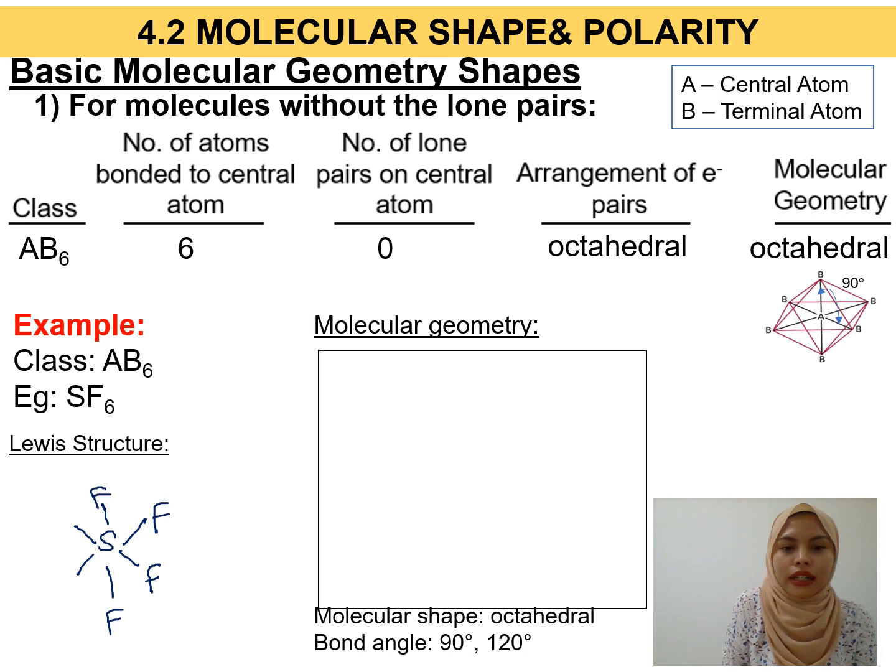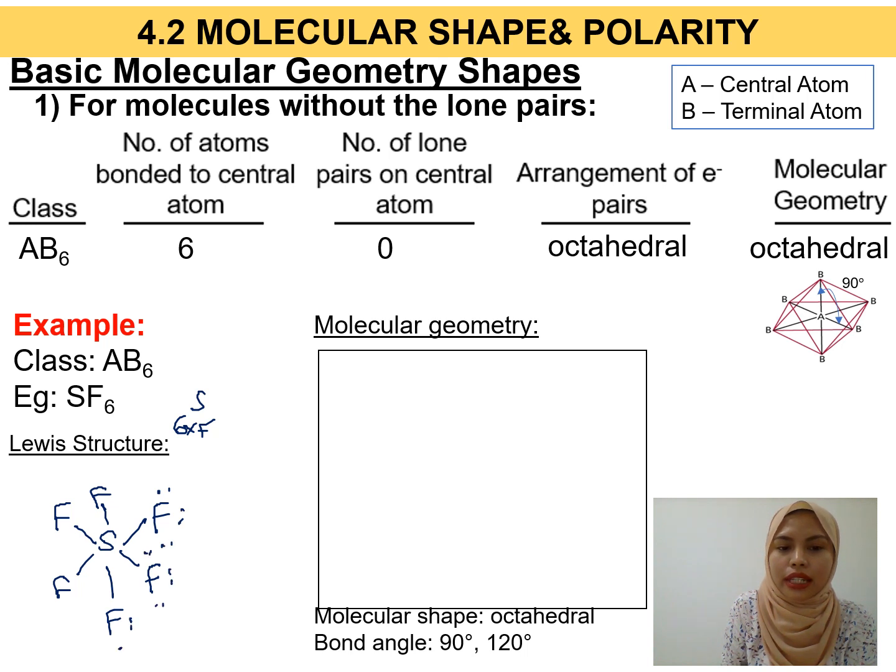Okay. So, and you will know that S ni tiada langsung lone pair dia. Kenapa tiada lone pair? Sebabnya bila you kira S, total valence electron of S and juga 6 kali F, you will know that there is no extra electron pun. Memang cukup-cukup je ni.